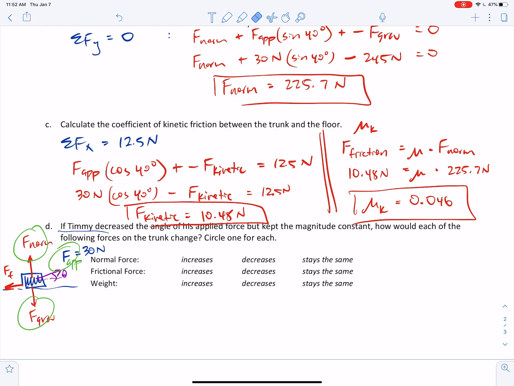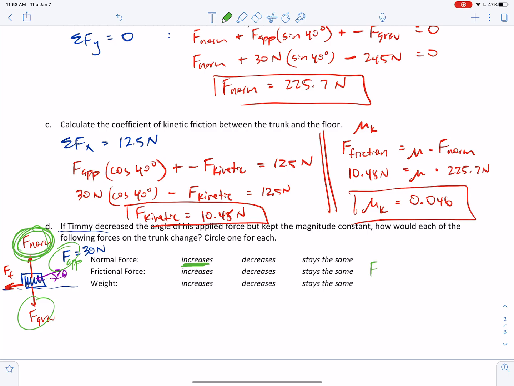And if the vertical component of that applied force goes down, then that means that the normal force has to do more of the work, so to speak. The normal force is going to take more of the force of gravity than the other one. Okay? So the normal force is going to have to increase as a result of that. Again, because the applied force in the vertical direction is going to be less. Therefore, the normal force will have to be more to compensate for the loss of the vertical component of the applied force. Okay? What about the frictional force?